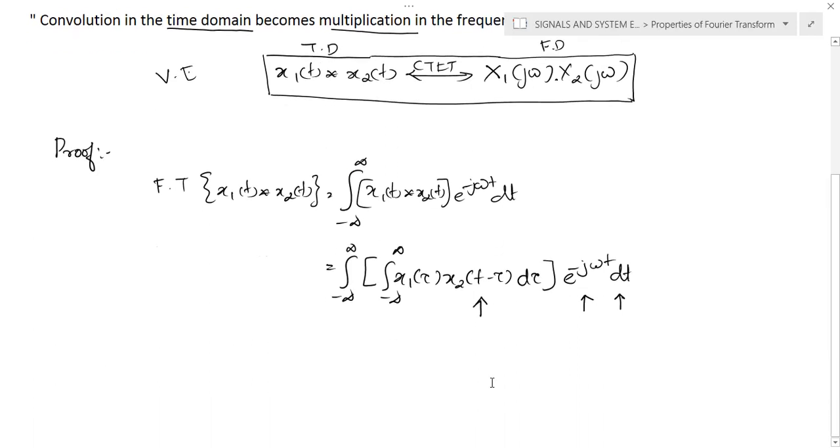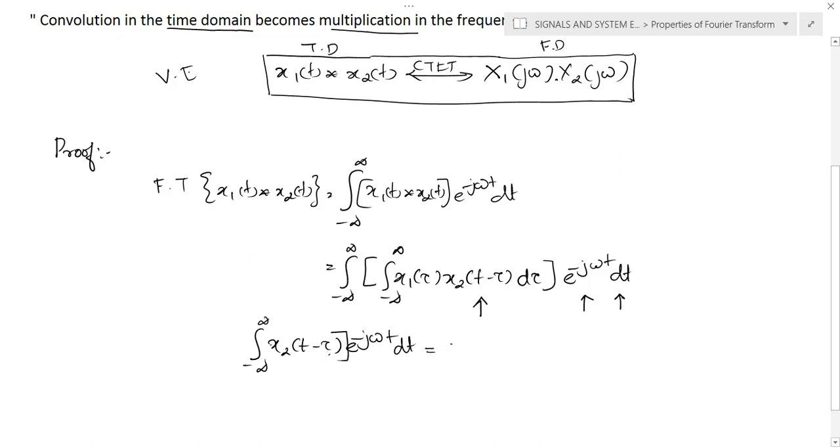So we can change the order of integration, and we can write like this: the term integral minus infinity to infinity x2 of t minus tau into e raised to minus j omega t dt. In this particular expression, there is a term x2 of t minus tau and e raised to minus j omega t and dt. If we group all these terms, we can simply write this is actually the Fourier transform of the signal x2 of t minus tau.